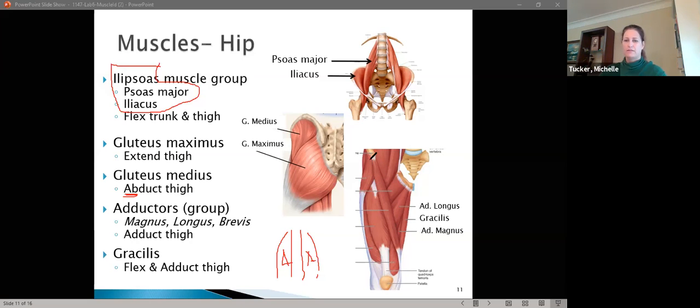But sartorius is more on the front of the leg, and it's very long, and then it curves around the knee. Gracilis is a medium length muscle, and it is just perfectly straight from inner thigh down to inner knee, and then it's surrounded by adductors. So don't get those confused.